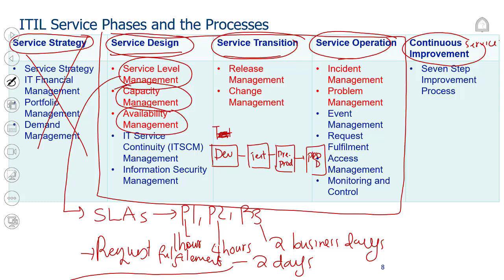So for example, if you're developing software, the developers will be working in the development environment. That is where they'll be building and writing the code. Okay? Then once they finish writing the code, the developers don't do the testing. They would push it to the test environment.